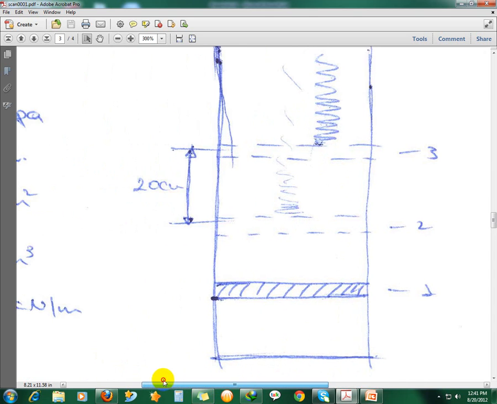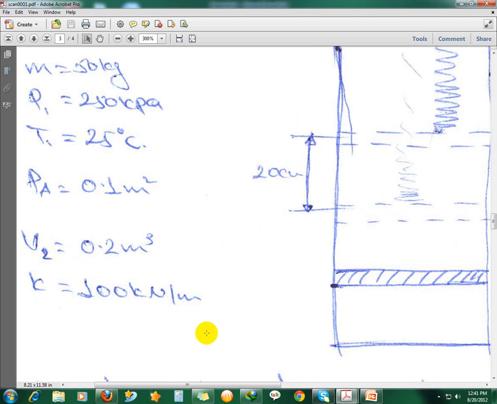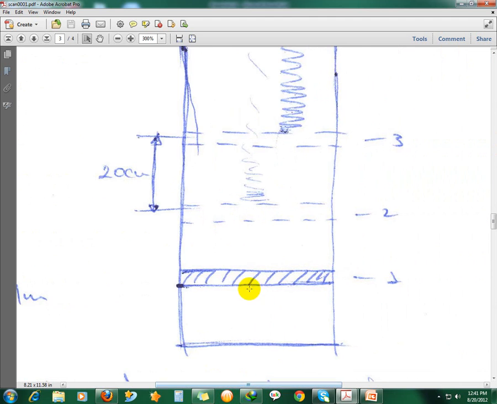For stage 1 we have P, T, and M. For stage 2 we have volume V2 equal to 0.2 meter cube. Then for stage 3 we have the displacement, the distance that the piston moved from stage 2 to stage 3. Now let's find the pressure first.